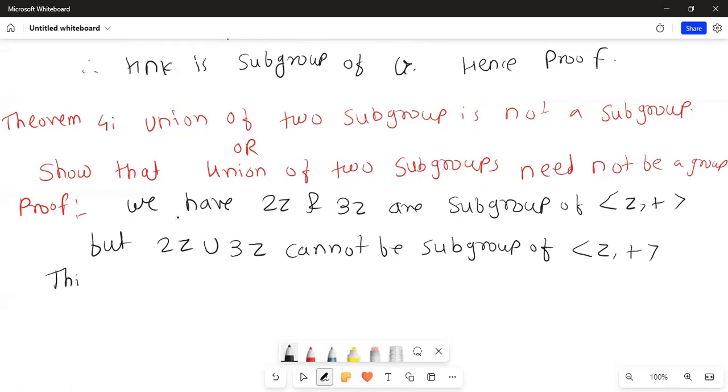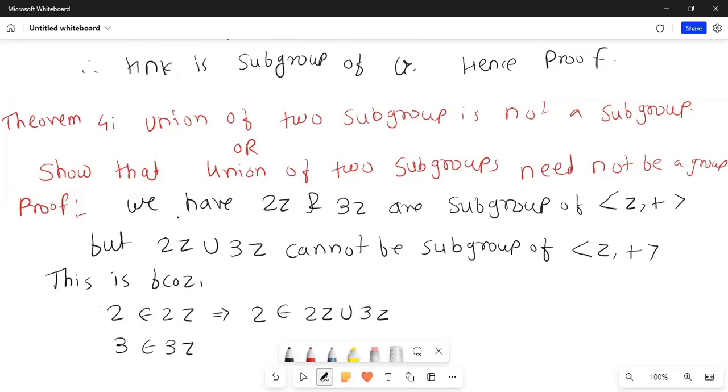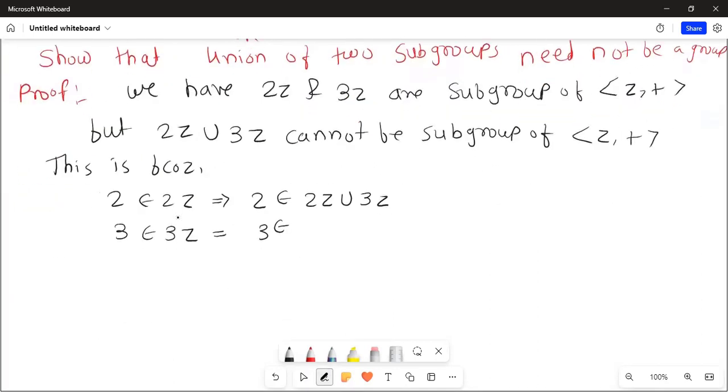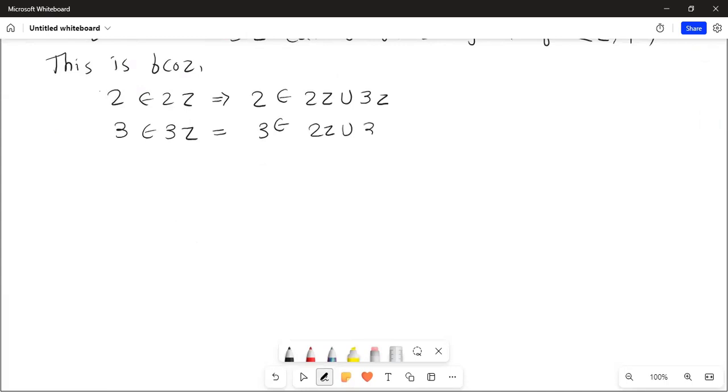This is because 2 belongs to 2z, then 2 also belongs to 2z union 3z. 3 belongs to 3z, then 3 also belongs to 2z union 3z. बट यहाँ पे देखो 2 plus 3 कितना आएगा, 5 आएगा. बट 5 is not in 2z or not in 3z.